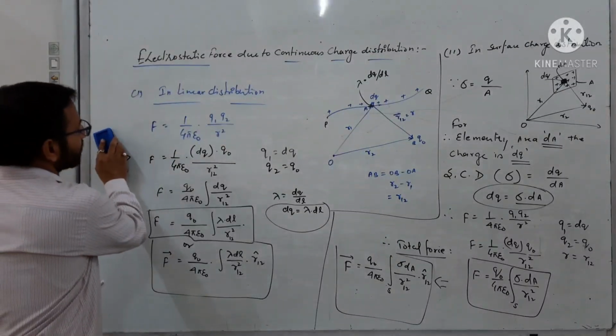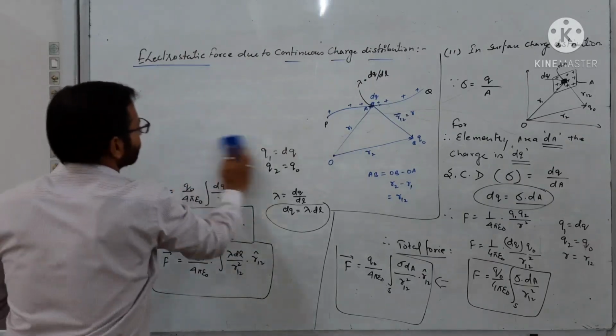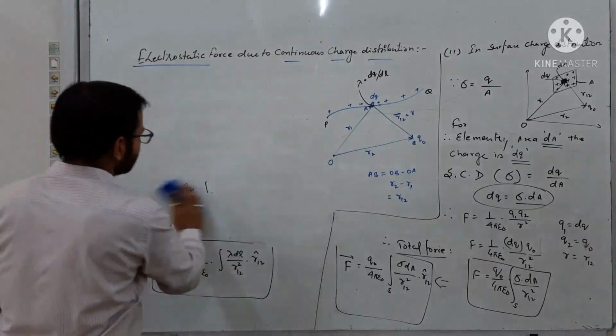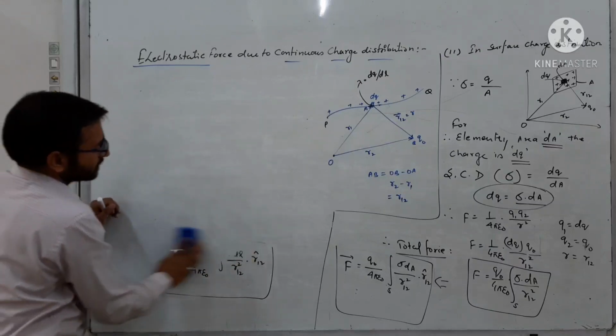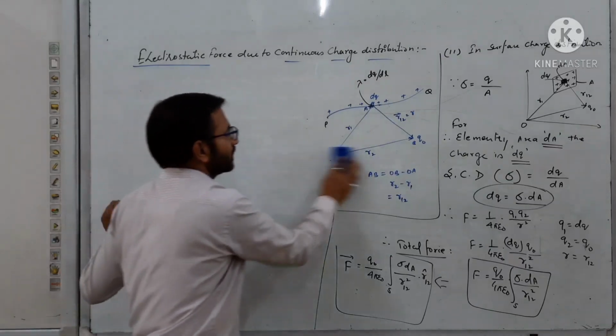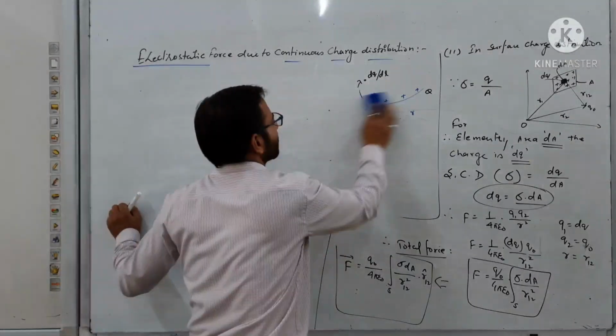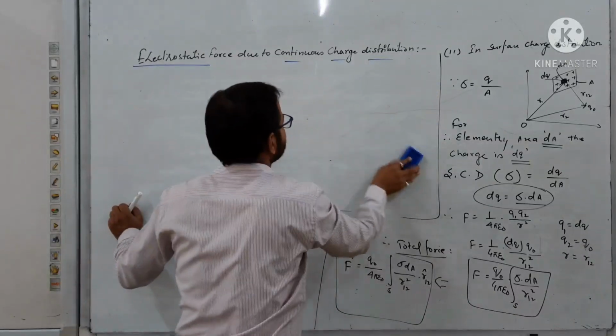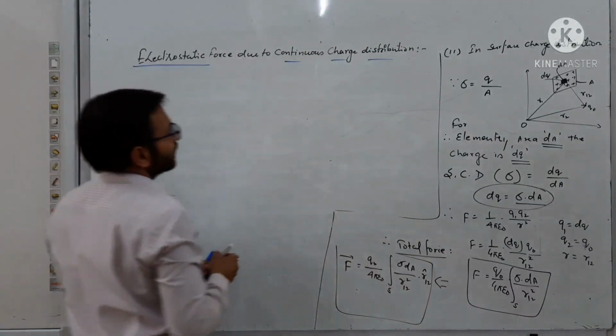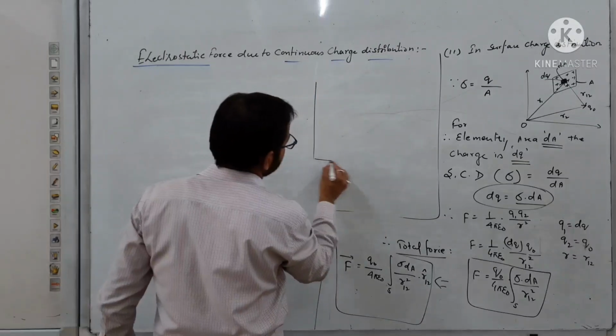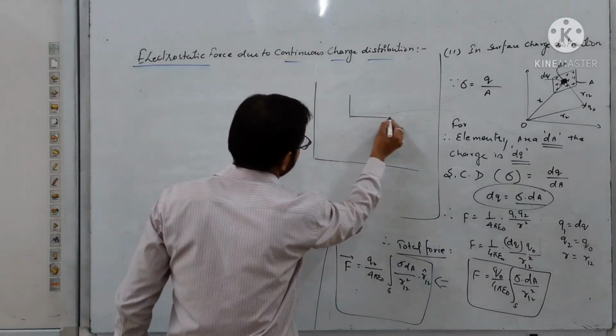Now after that we will talk about the volume charge distribution, the third one. In case of volume charge distribution, we will consider a cubical block.